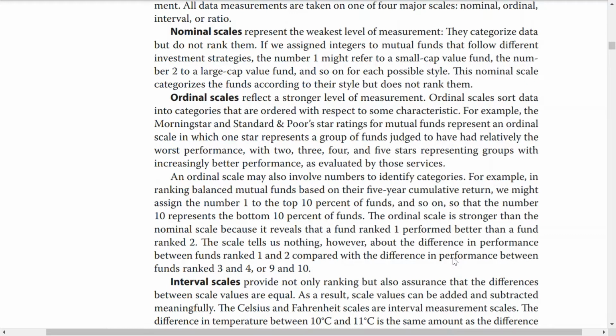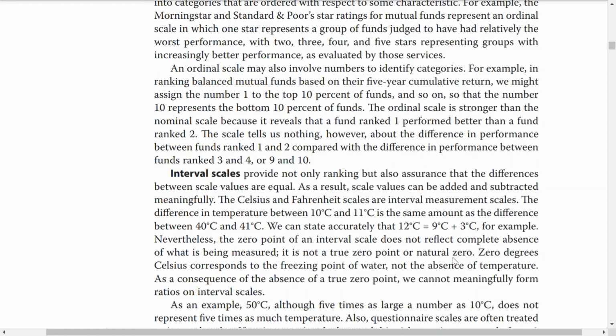An ordinal scale may also involve numbers to identify categories. For example, in ranking balanced mutual funds based on their 5-year cumulative returns, we might assign the number 1 to the top 10% of the funds, and so on, so that the number 10 represents the bottom 10% of the funds.